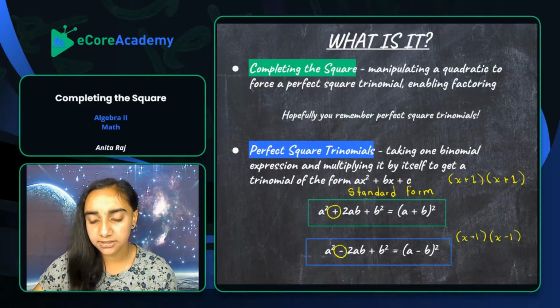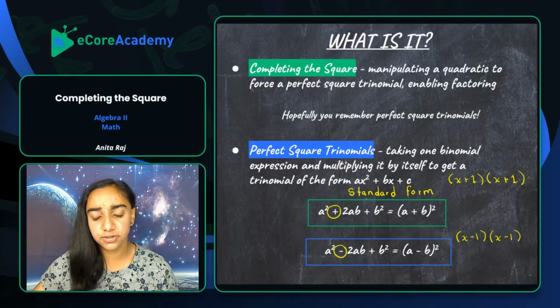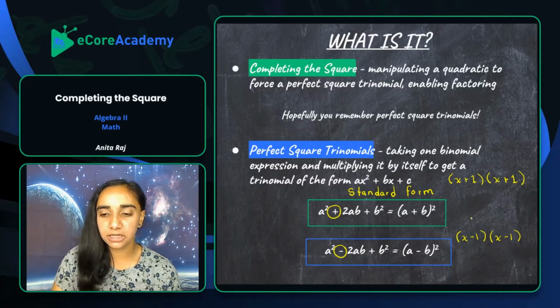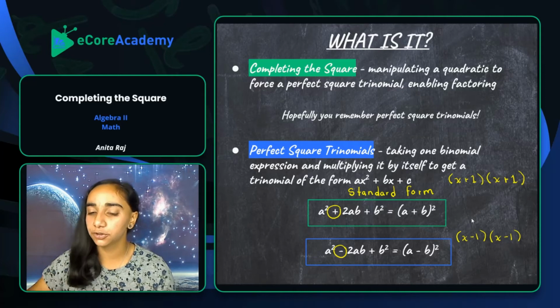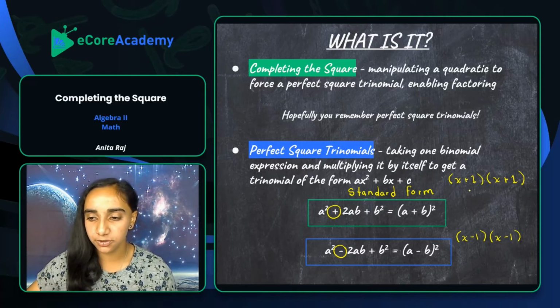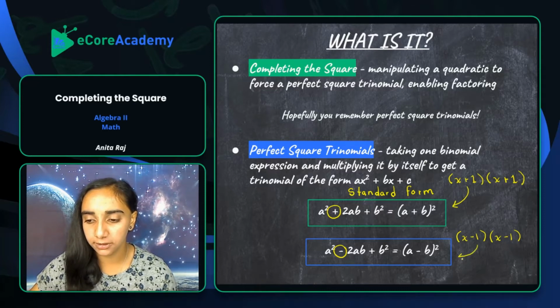So a squared, let's say a is our x, and then b is our 1, sorry. And then you do the exact same thing we just did with the first perfect square trinomial up here. They both work. Those are just two examples for you, but these are perfect square trinomials, and like I said before, they're going to be playing a big part in completing the square.